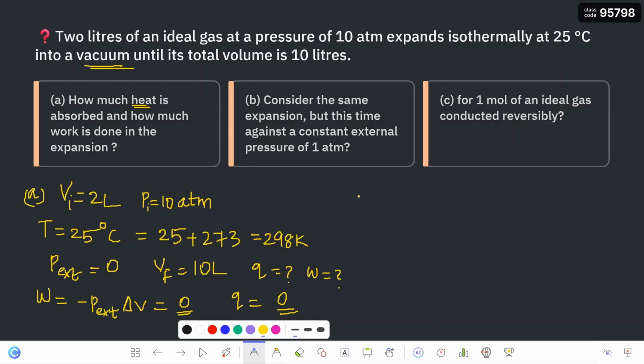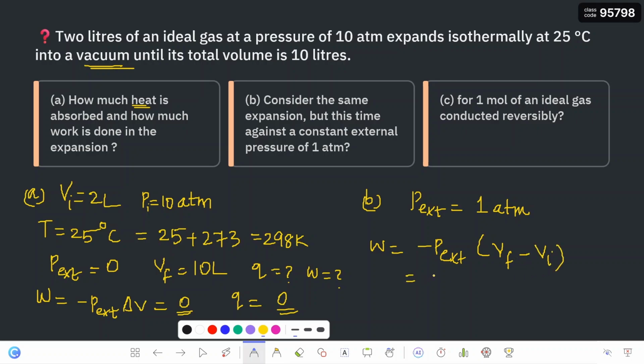Now let's move to the next question. Here they have asked the same expansion, but this time against a constant external pressure. Pressure is not 0, here pressure is 1 atmosphere. In that case, you have to calculate. Same: W is minus P external delta V. Delta V we can write as Vf minus Vi.